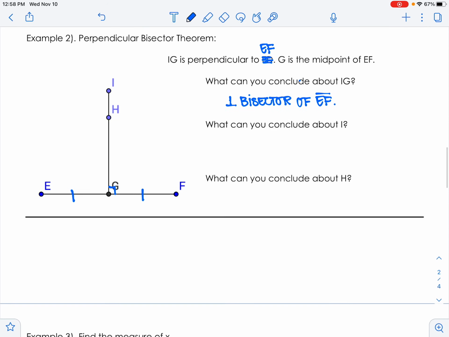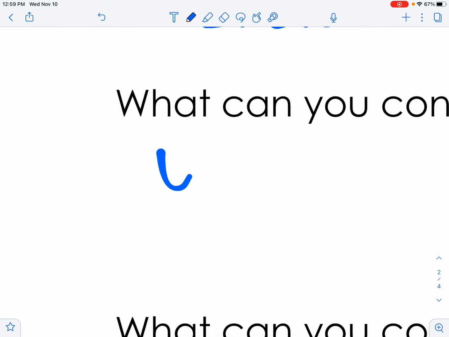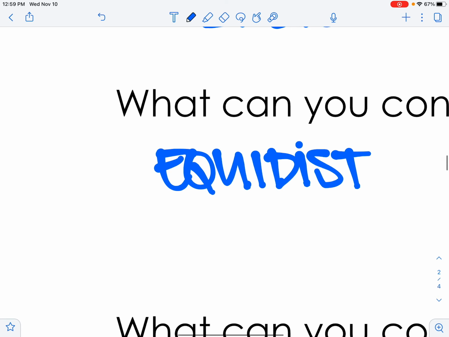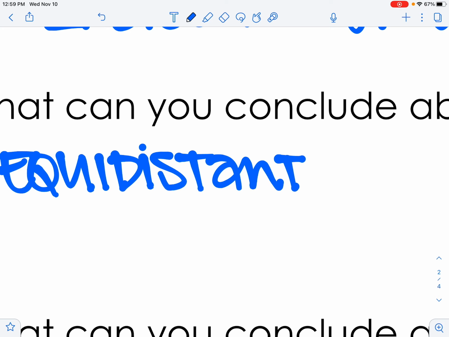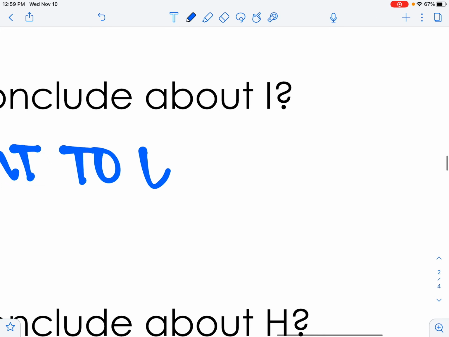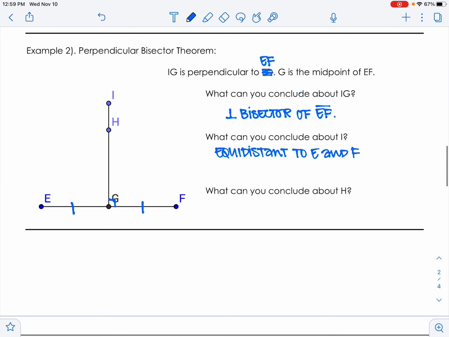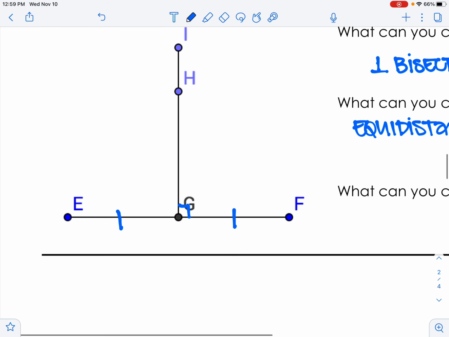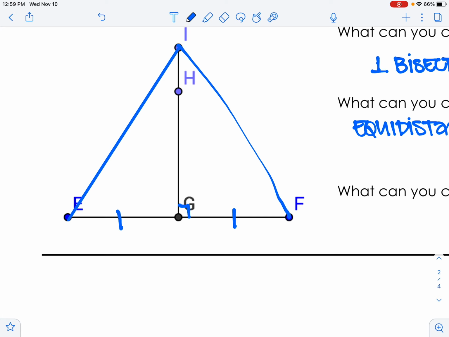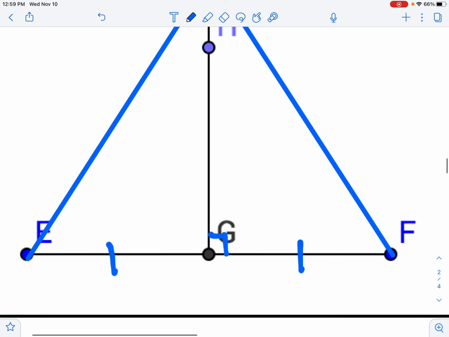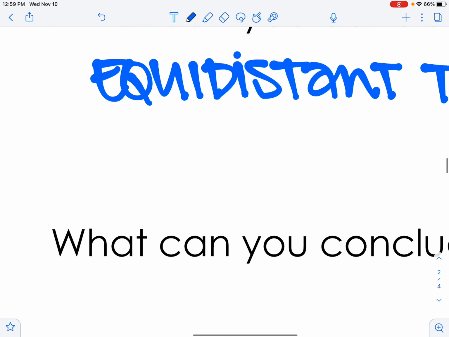So what I can conclude is that it's equidistant to the endpoints, which are E and F. That simply means if I connected I with E and I with F, then those two segments have to be congruent. So IE is congruent to IF.